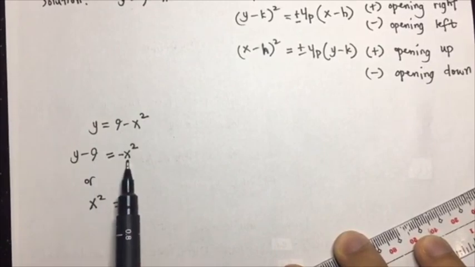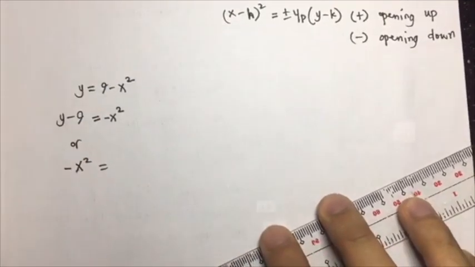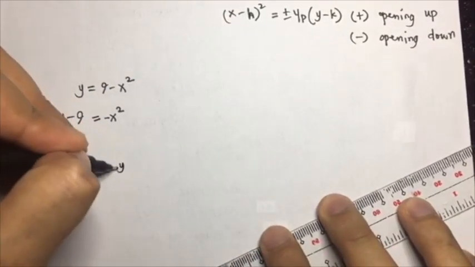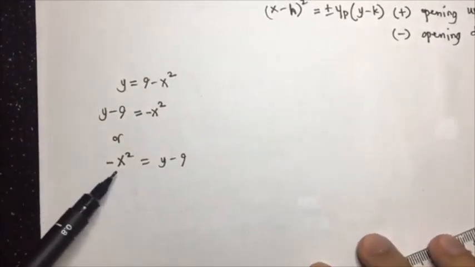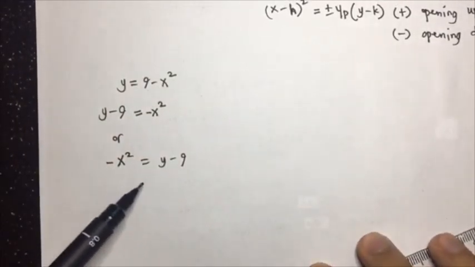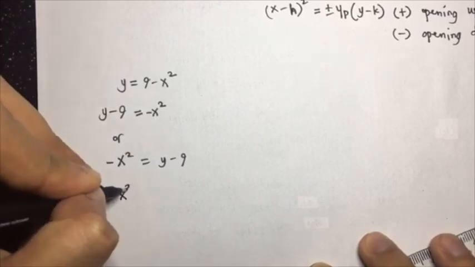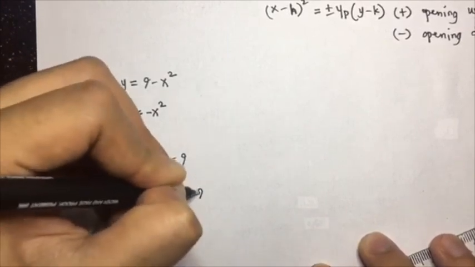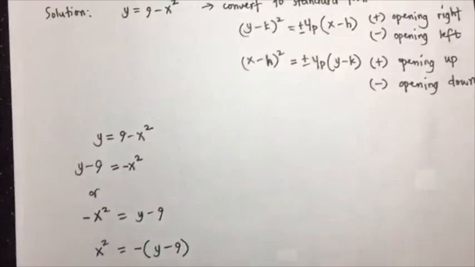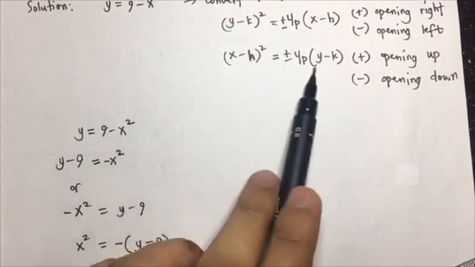Dividing both sides by negative, this will be x squared is equal to negative times y minus 9. This is similar to this form.